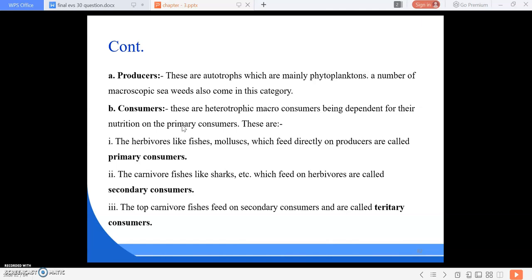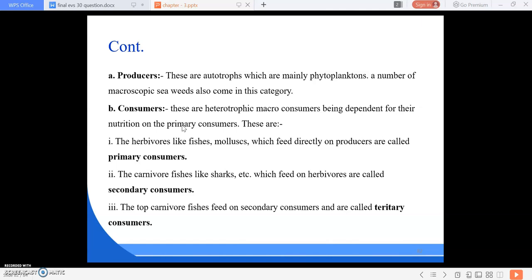So we have completed our chapter 3, that is our ecosystem. In this chapter we have studied what is ecosystem, what is ecology, and what is the difference between ecology and ecosystem. Next we studied the concept of ecosystem.